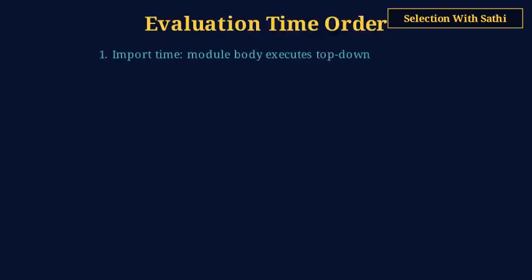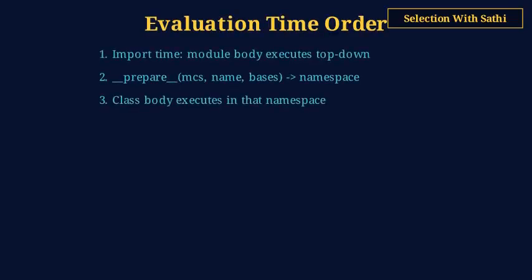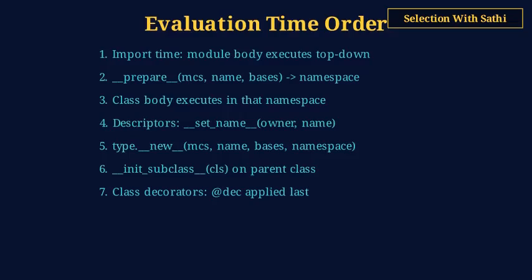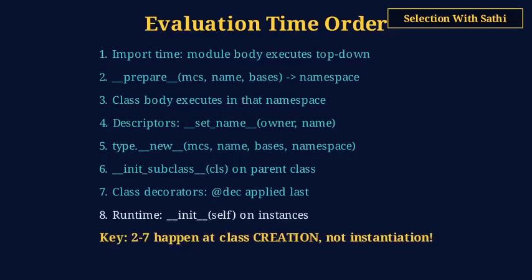Understanding the order of evaluation during class creation prevents subtle bugs. First, __prepare__ creates the namespace dictionary. Second, the class body executes, populating that namespace. Third, type.__new__ builds the class and calls __set_name__ on every descriptor in the namespace.